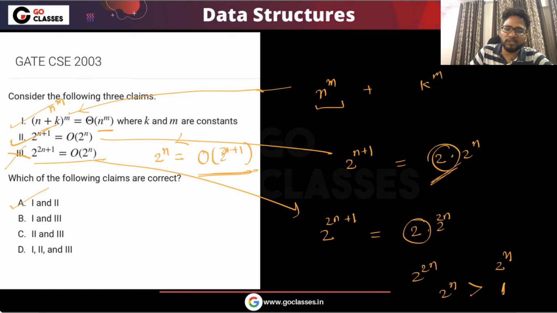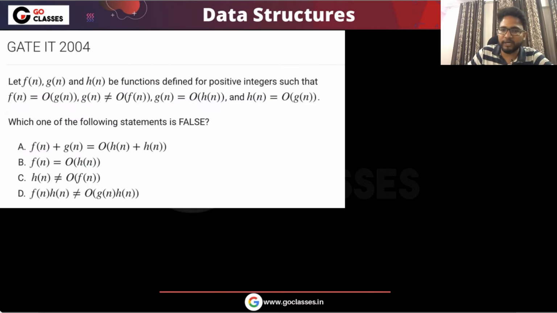Actually, GATE questions related to asymptotic notations are very easy. You can solve these questions very easily. Now let's solve this question. f(n), g(n) and h(n) are functions defined for the positive integers such that f(n) is less than or equal to g(n), and g(n) is not less than or equal to f(n).